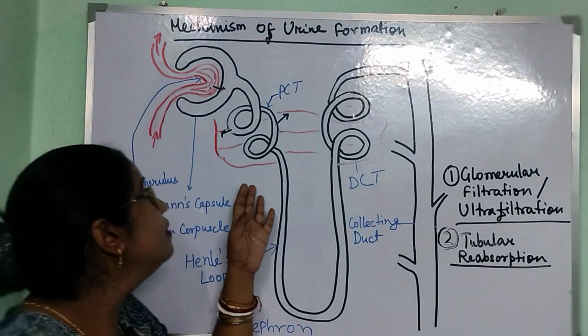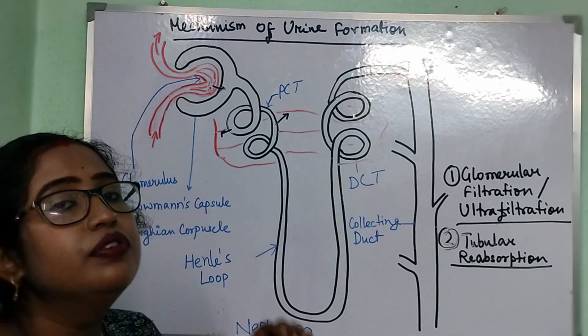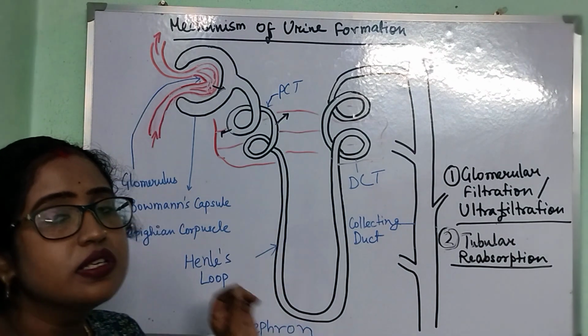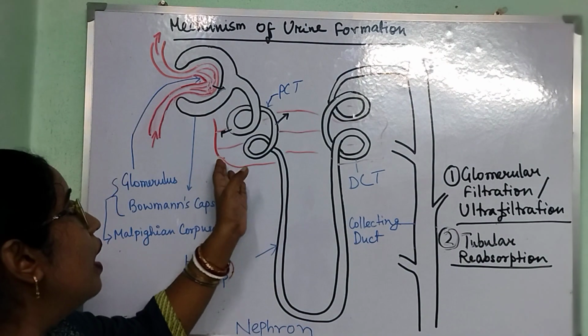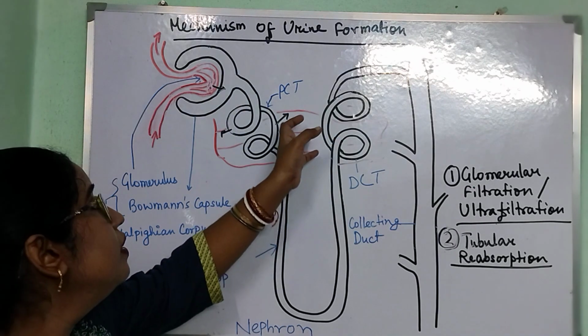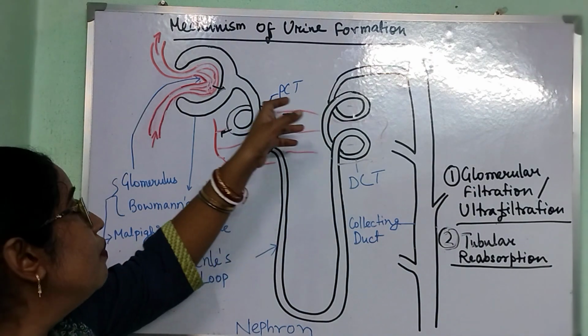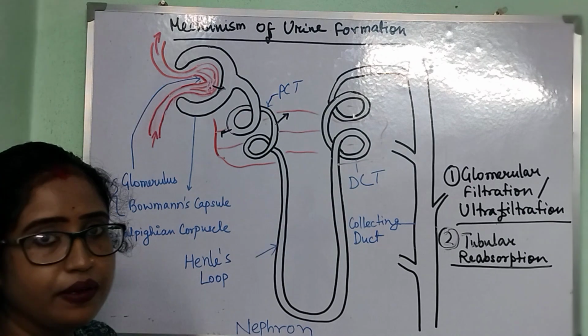So from the PCT, mainly some amount of water, amino acids, salt, etc. are reabsorbed via the diffusion process from the PCT into the blood vessel.